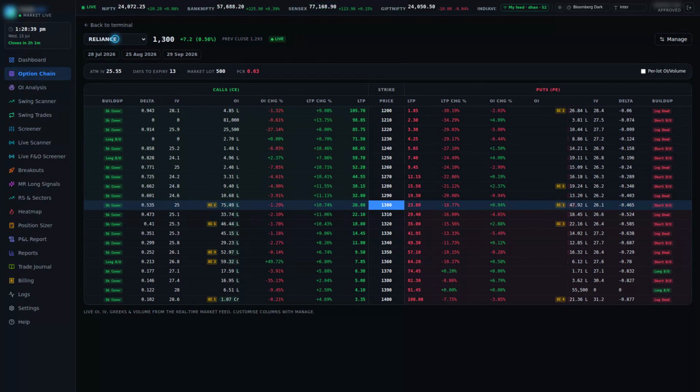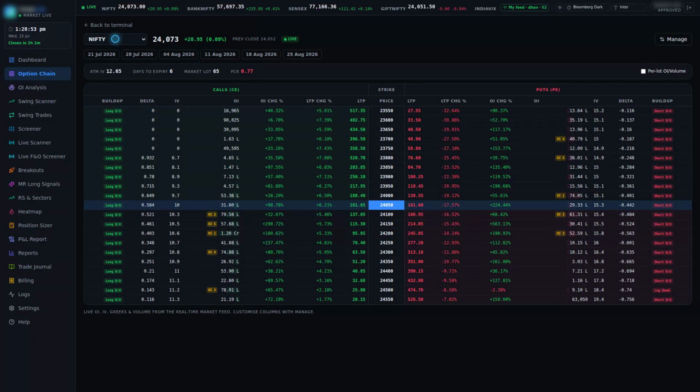Watch the expiry row, it collapses to a single monthly date. That's the rule in the Indian market: indices trade weekly options, individual stocks are monthly only. So the moment you change what you are analyzing, the expiries redraw to match it, you never have to remember which is which. Let me switch back to Nifty.